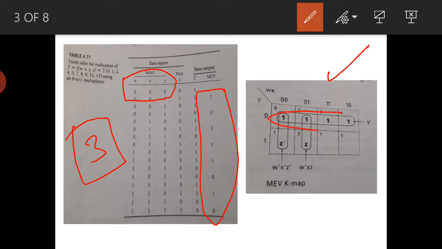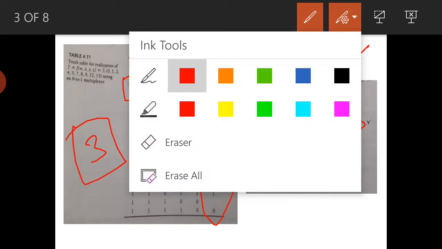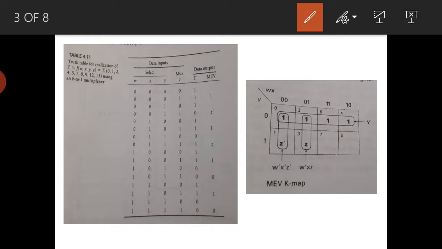So these 4 we can group, and these 2 and these 2 we can group. If you group like this, then w bar x bar is common, multiplied with z bar, and w x bar is multiplied with z. So what we have reduced here is that instead of 16 outputs, it is reduced to 8 outputs.